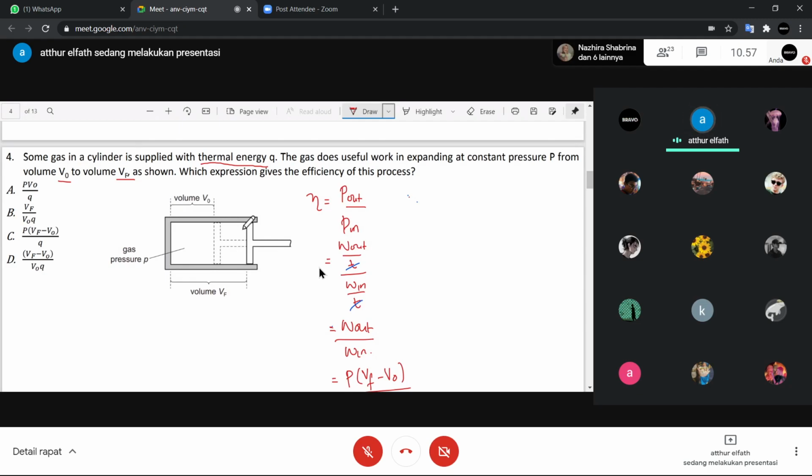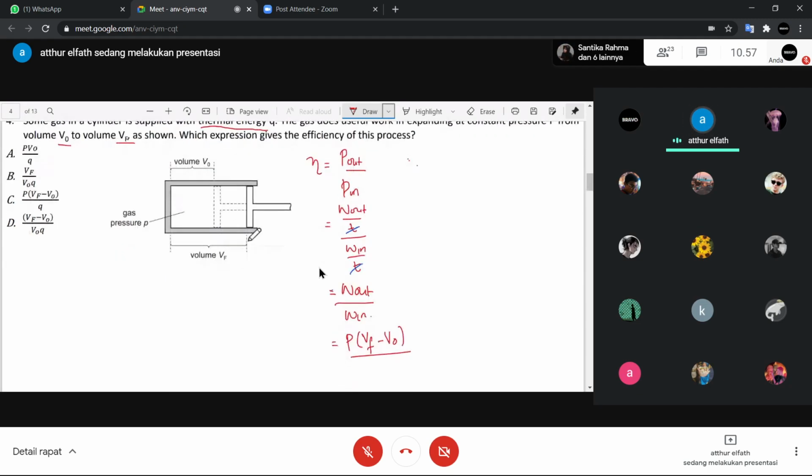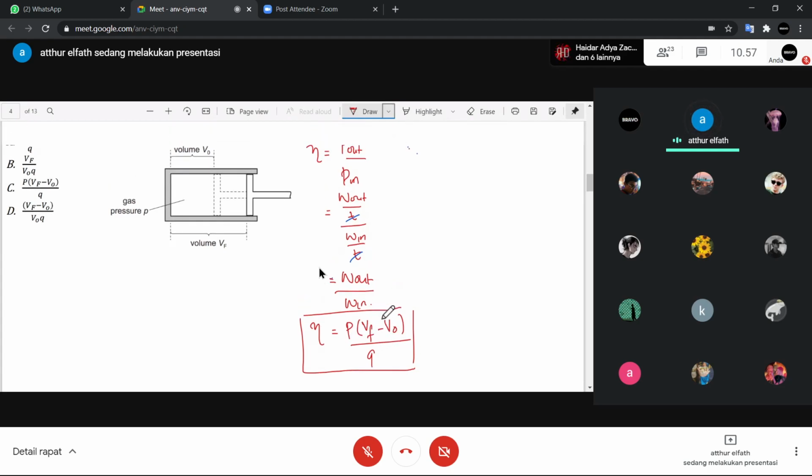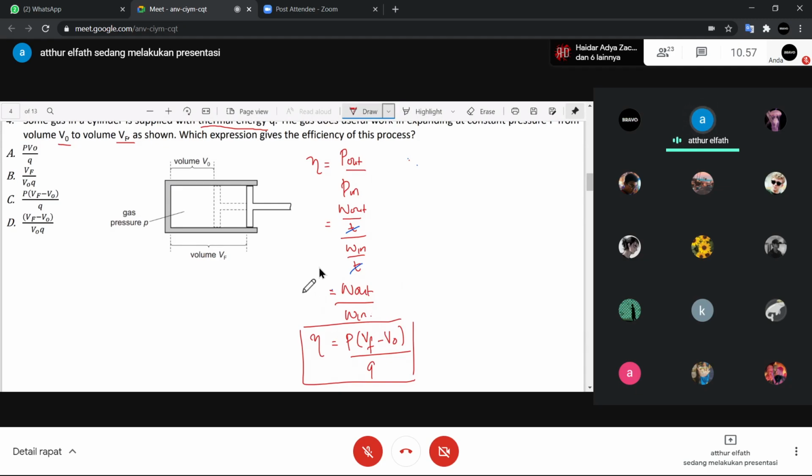So we just change this variable to Q. This is the efficiency of these pistons: pressure times change of volume divided by Q. So the best answer is C.